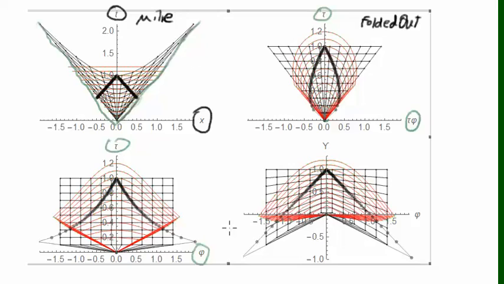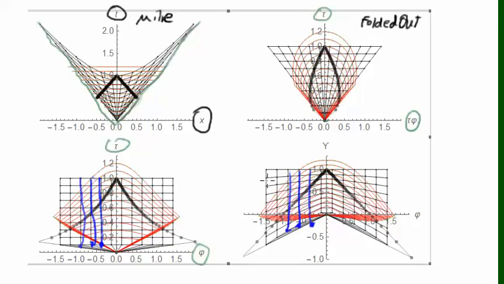What that caused was this column to be stretched by this much, bringing this point down to here. It caused this column to be stretched by this much, bringing this point down to there. It caused that column to be stretched by that much, bringing this point down to there, etc.